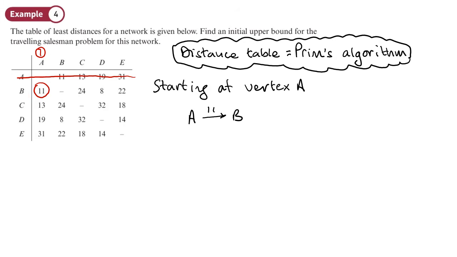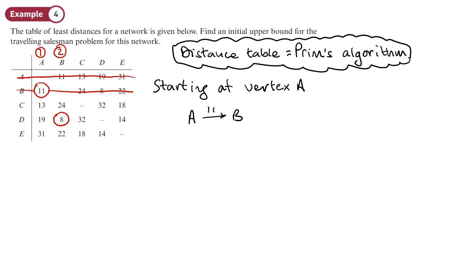So we can now go to column B, label it 2, and cross out row B. Then we look for the lowest weight in either column 1 or 2, and that's going to be 8.